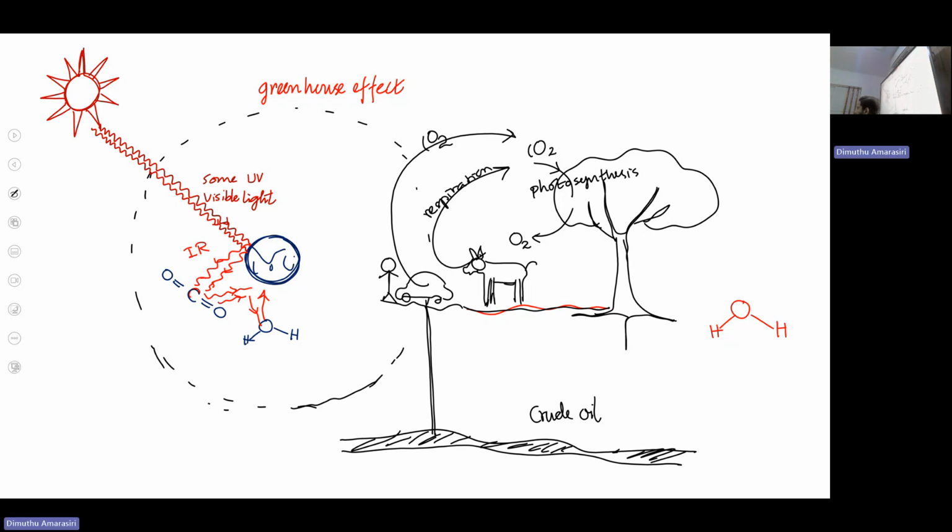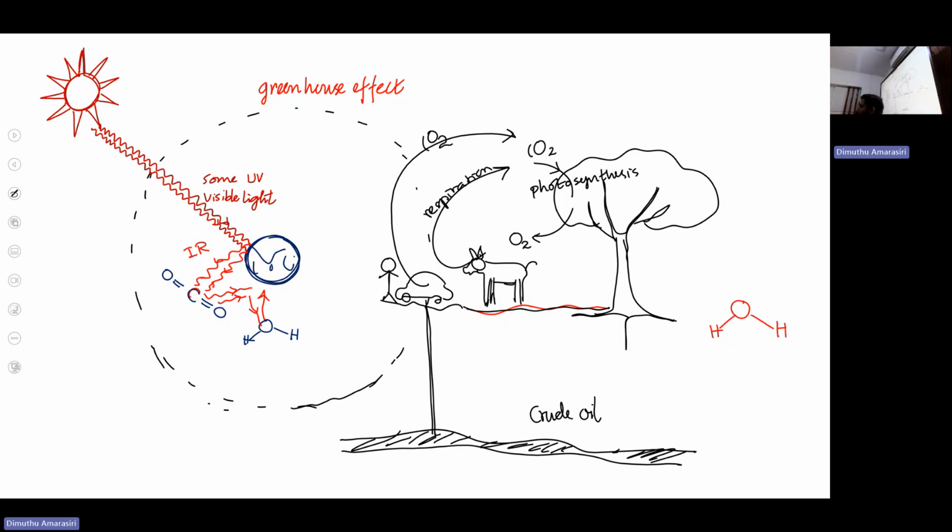Okay, did you write? In short, it's the enhanced greenhouse effect due to anthropogenic emission of excessive greenhouse gases due to burning of fossil fuel, right?